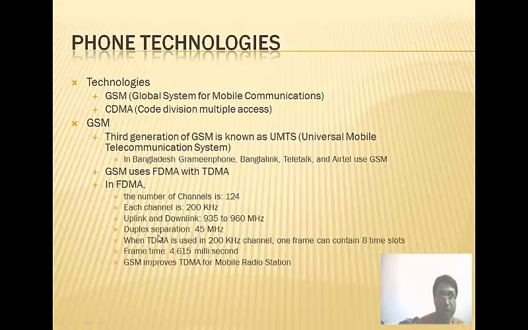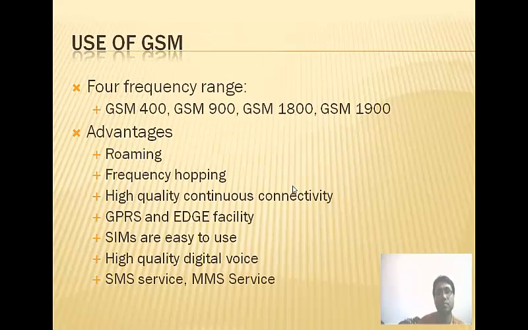If we use TDMA with FDMA to create more channels, we can create 8 time slots. GSM technology worked on improving TDMA to provide better mobile radio service. GSM uses frequency ranges GSM 400, GSM 900, GSM 1800, and GSM 1900.